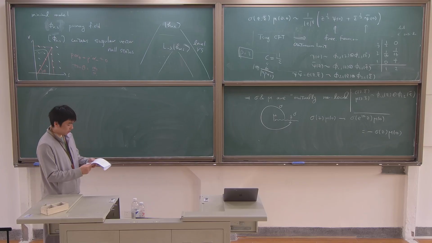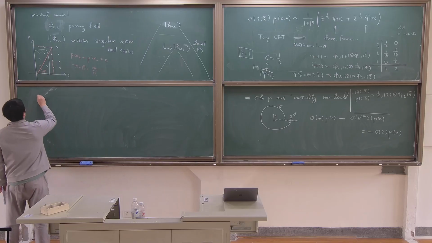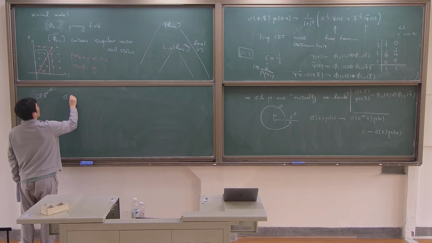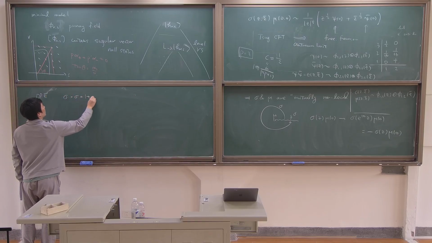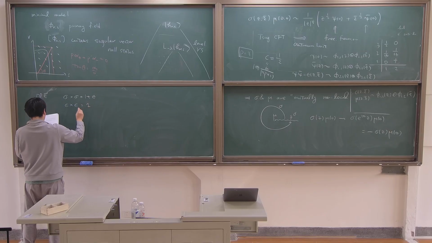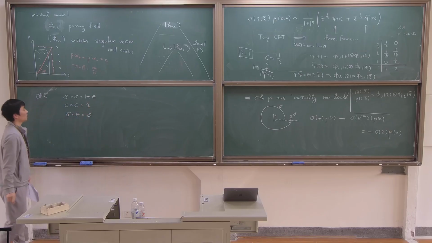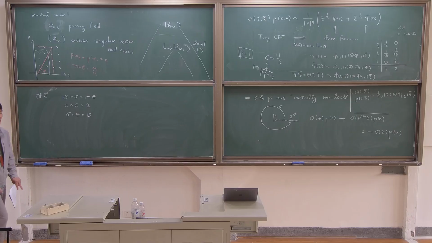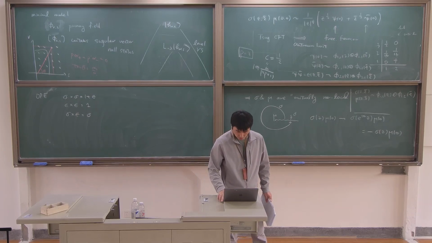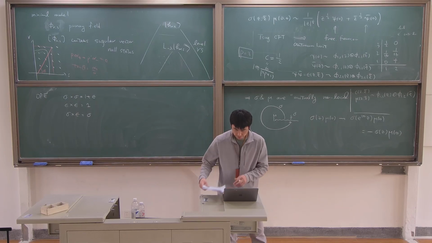So those are the operators, and the OPE can be understood in this way. This is the rough form of the OPE, and if you write down a more precise OPE, it's going to be a bit complicated.